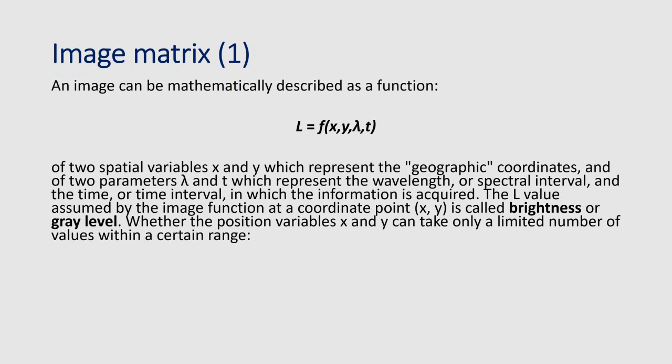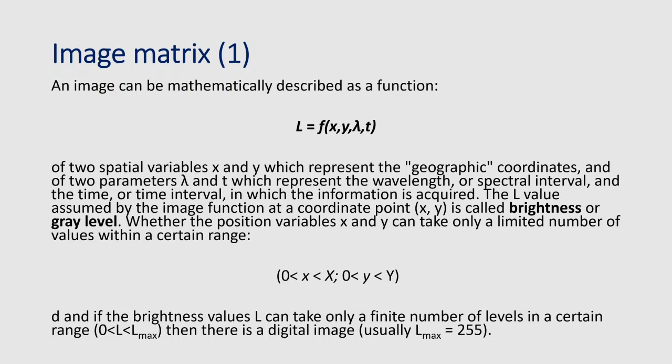The position variables x and y can take only a limited number of values within a certain range, and this range is between 0 and capital X and 0 and capital Y. That means that the values comprised in these two ranges are related to the field of view of the sensor and, depending on the height of the orbit in which the satellite is acquiring, to the transversal dimension of the surface imaged by the sensor itself.